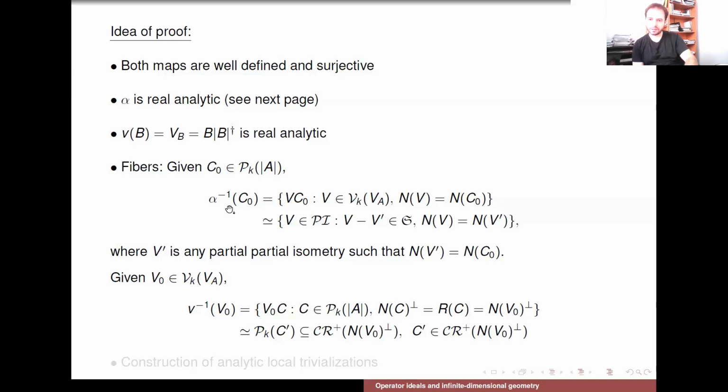Then the corresponding fiber is given by moving the partial isometries, but those partial isometries must have the same null space as our fixed point C0, and one can see that this is indeed isomorphic to this set of partial isometries with respect to a fixed partial isometry.